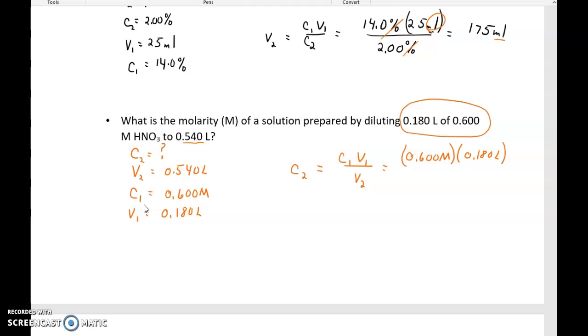And this time we've used liters, but it's okay because we're going to divide by liters. So our liters are going to go away, and we're going to be left with molarity. And our answer here is 0.200.